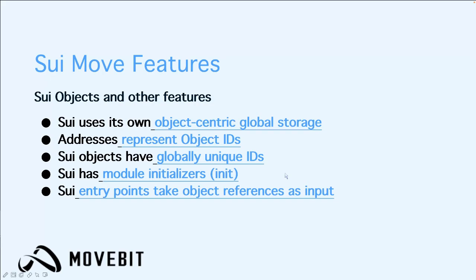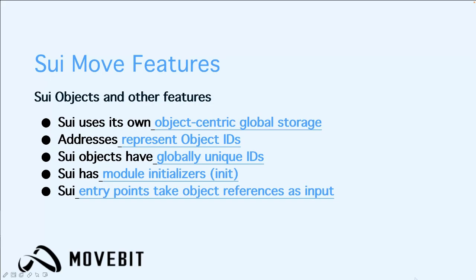So Sui objects have globally unique IDs, and Sui also offers the module initializer function, which we will talk about later. Sui also provides an entry function that can be called directly from Sui, in addition to functions callable from other functions.